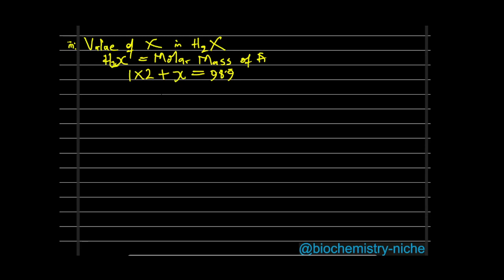So we'll now have 2 plus X equals 98.9, and then X equals 98.9 minus 2, because it is not 2X, it is 2 plus X. So 98.9 minus 2, our X equals 96.9. So that is the value of the X that we have in the H2SO4. So that is how the fourth question is being treated.